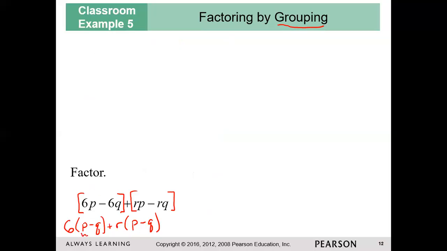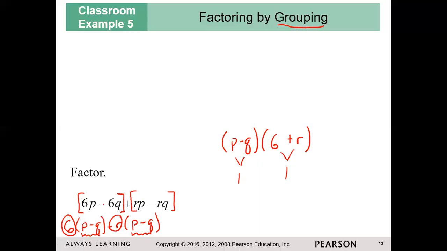This ends up being your GCF, so we're going to take that p minus q out. And remember, when you take this p minus q out, you have some leftovers: a 6 here and an r there. So that's going to be 6 plus r, and that is now completely factored because this has a GCF of 1, and this has a GCF of 1. Everything is relatively prime, so we have factored out the GCF completely.